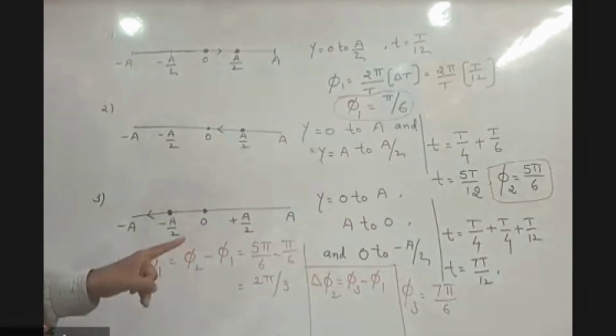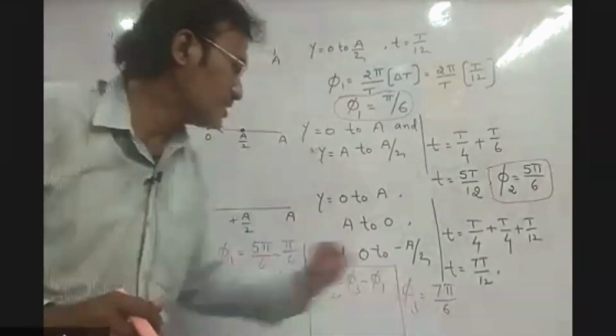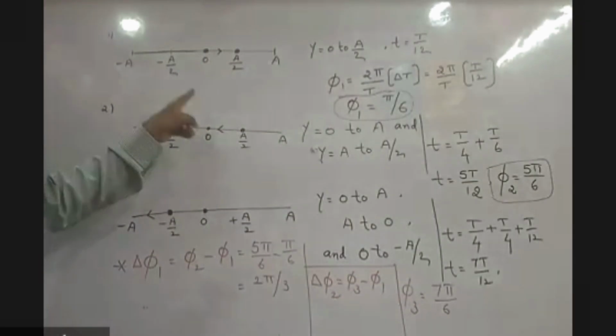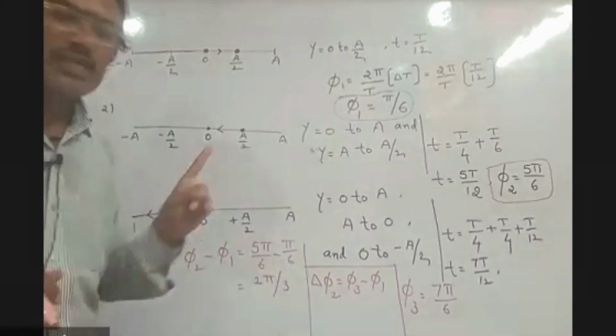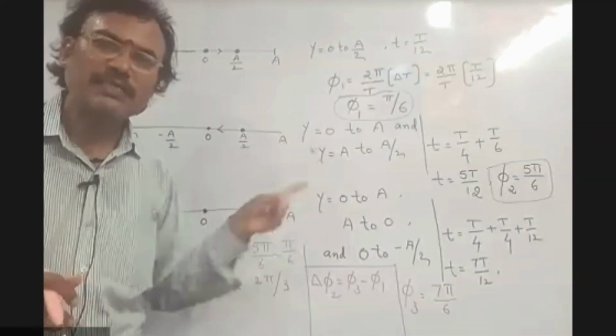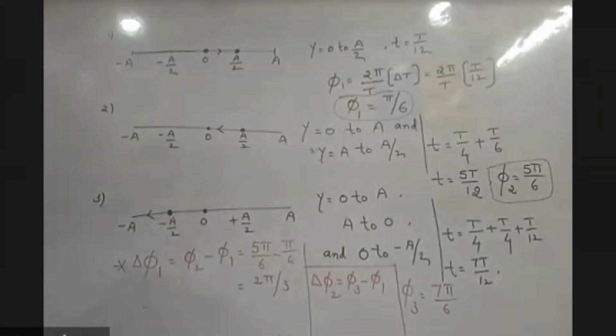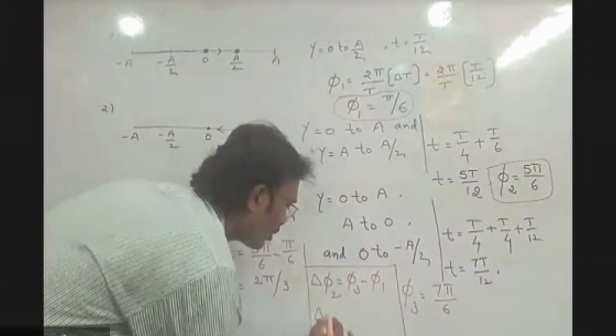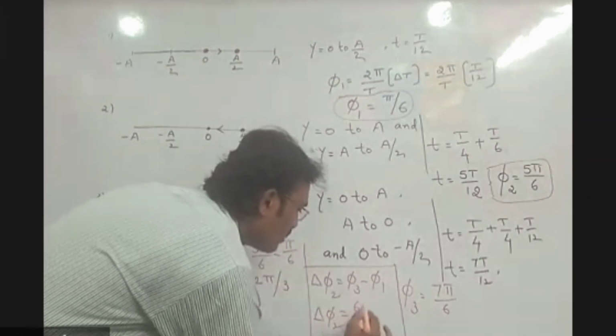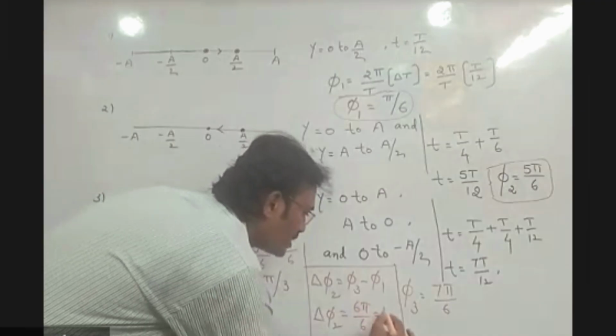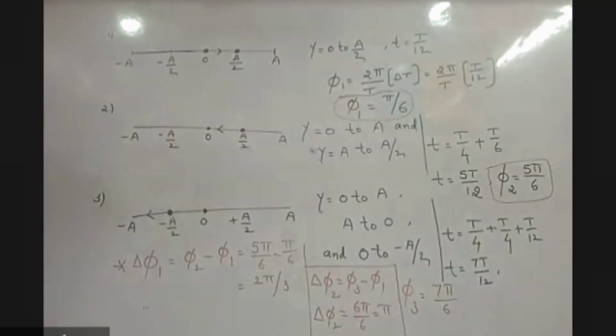What is the phi 3 value? 7 pi by 6. What is phi 1? Pi by 6. So 7 pi by 6 minus pi by 6 is equal to 6 pi by 6, and the phase difference is pi. Like that, we solve this type of numerical.